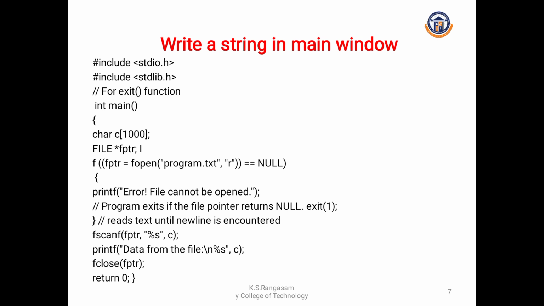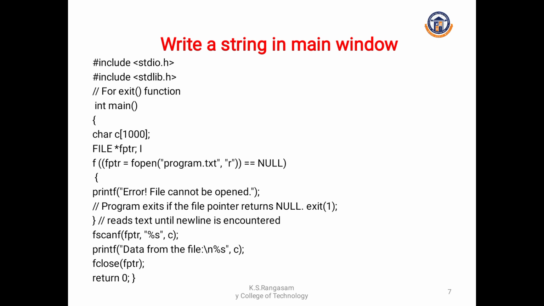It is the name of the file program, and it is a text file type, and it is in the readable mode, checking whether it is null or not. If it is null, it indicates the end of the file, or there's nothing to be read in the file. The file is empty. It returns the value of exit 1.